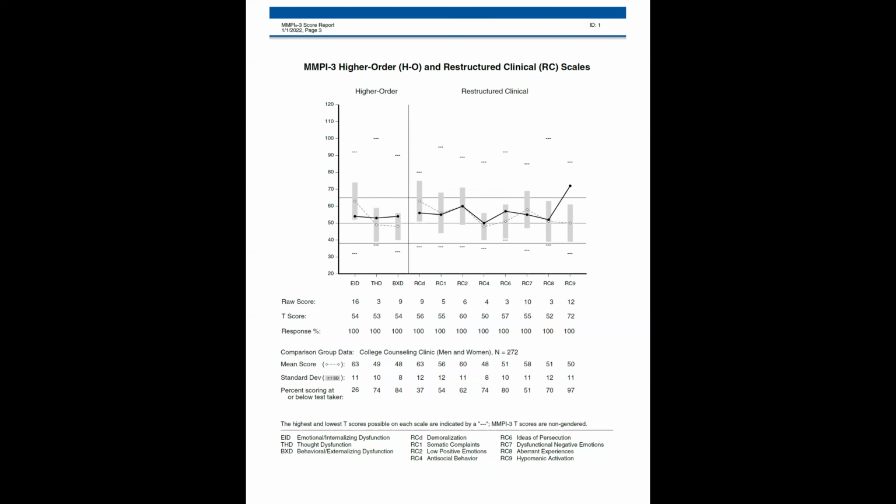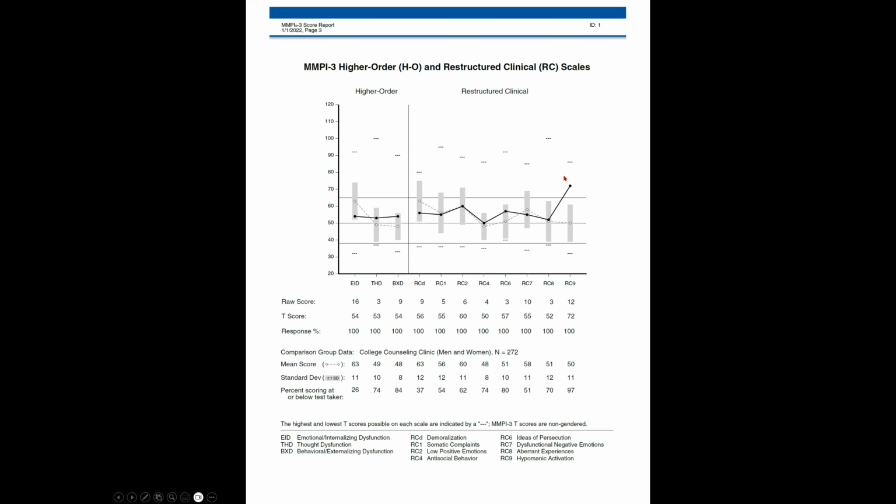When we start looking at the substantive scales, we see that on one scale in particular, she has a clinically elevated score on RC9, T-score of 72, whereas the mean for individuals seen in college counseling clinics is actually 50.